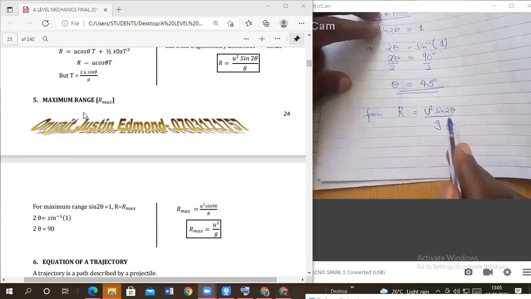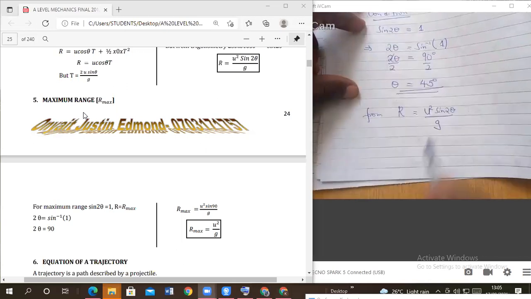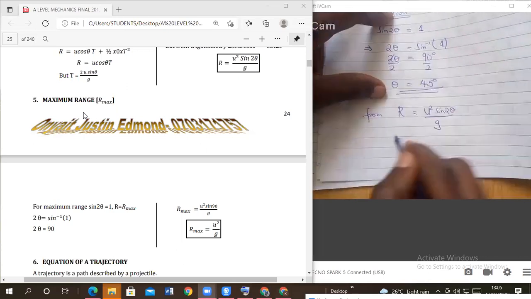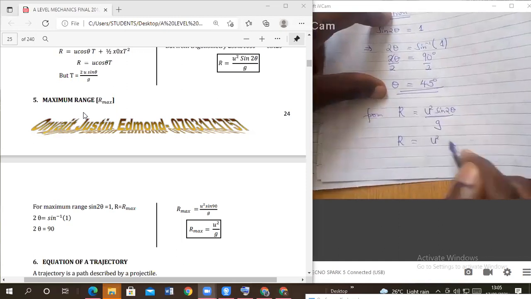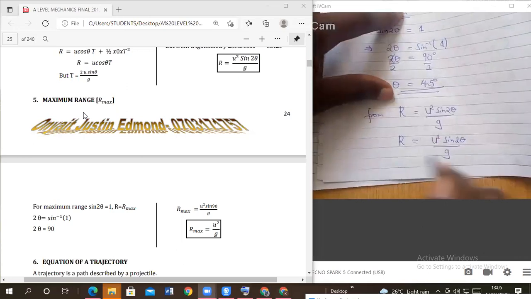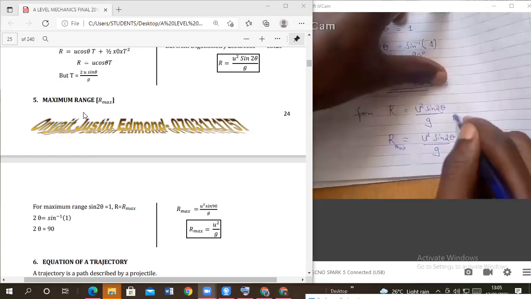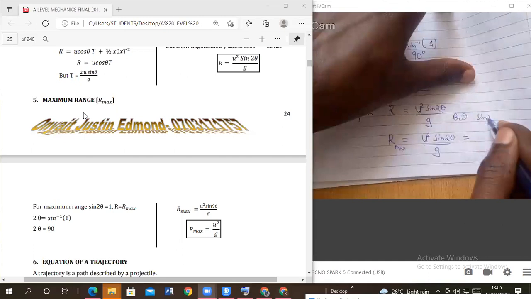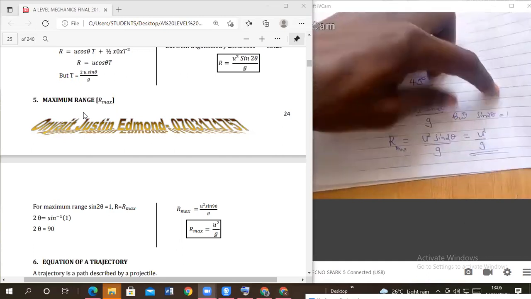Remember, we said for maximum range to occur, sine 2 theta must be equal to 1, and theta is now 45. So R max is u squared over what?